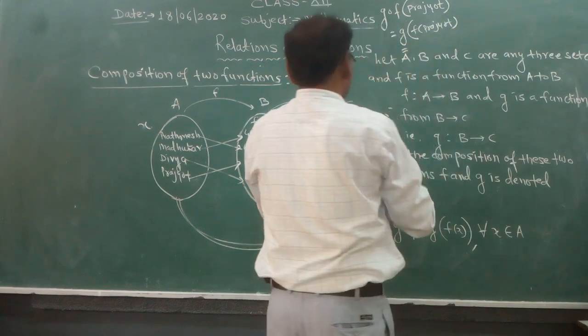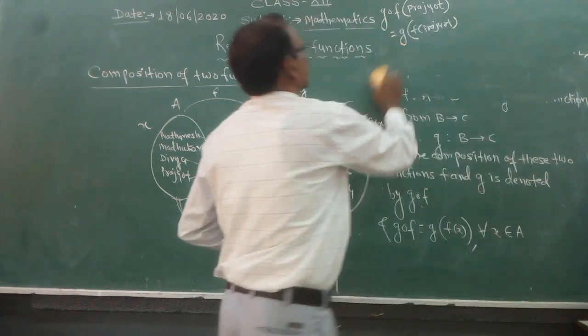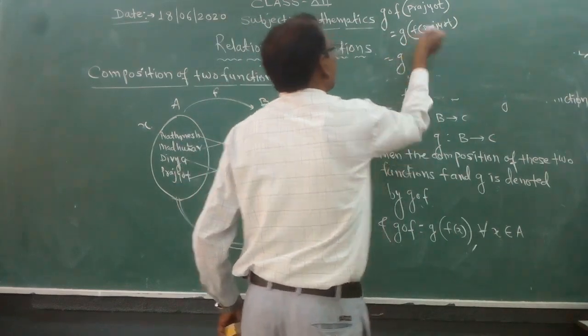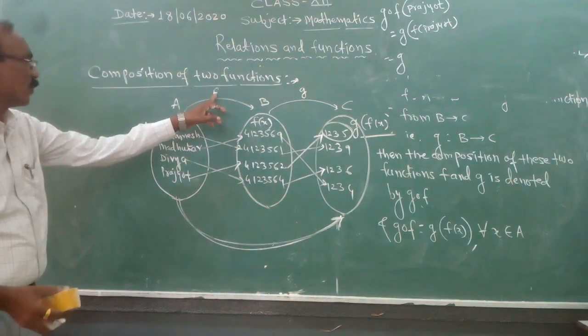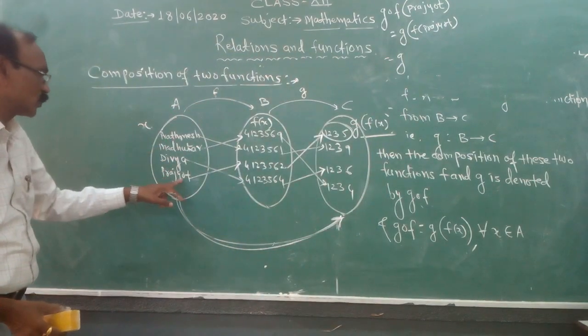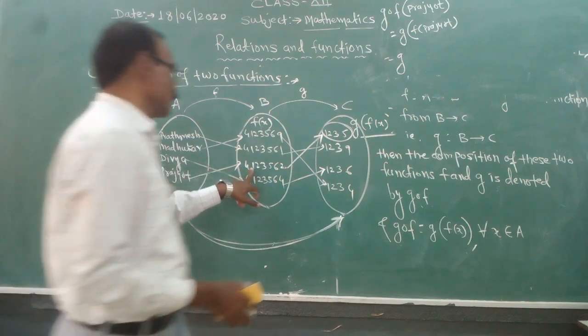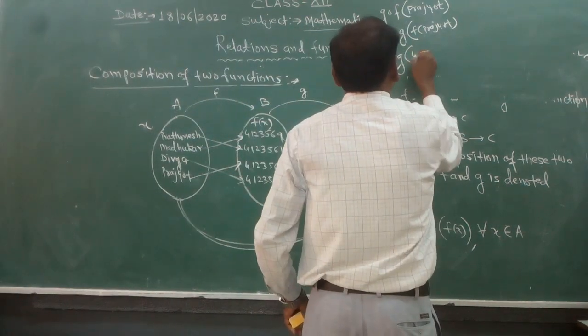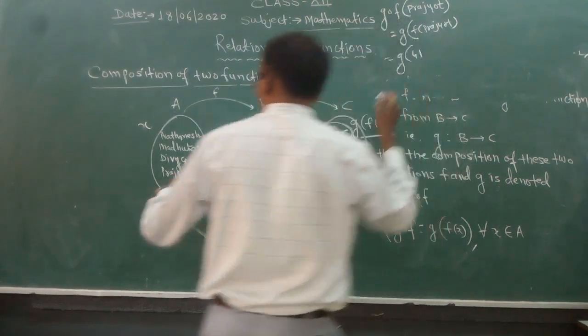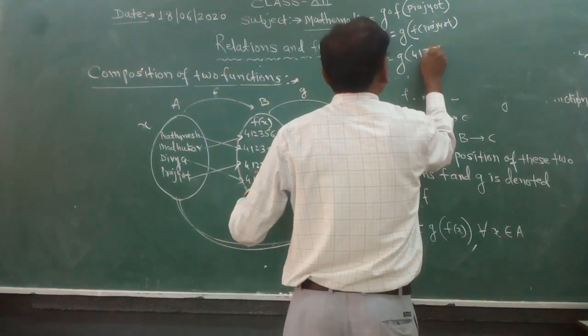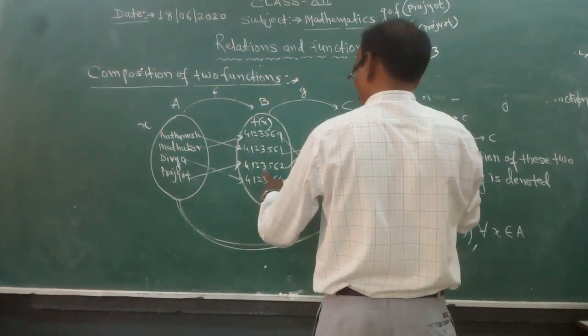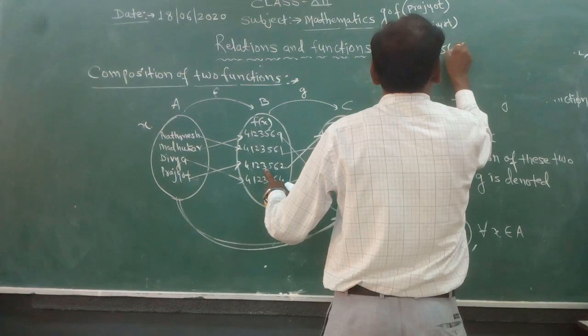OK, so G of F of Prajjot. What is Prajjot? Look, Prajjot 4 1 2 3 5 6 2.